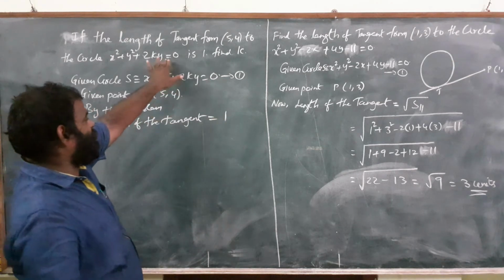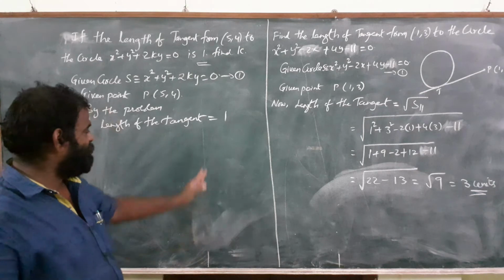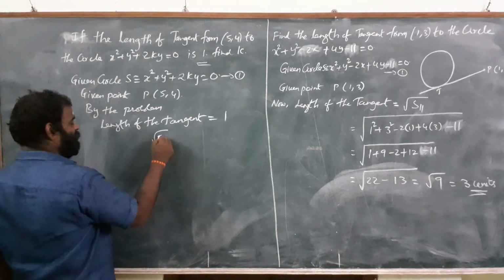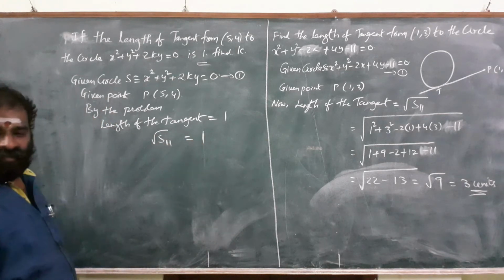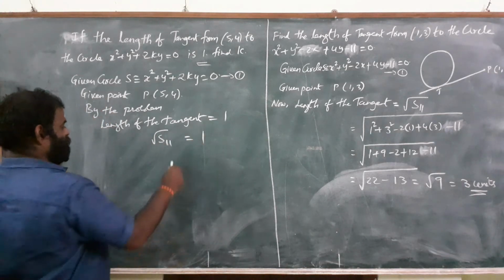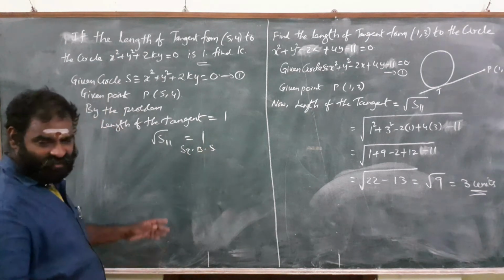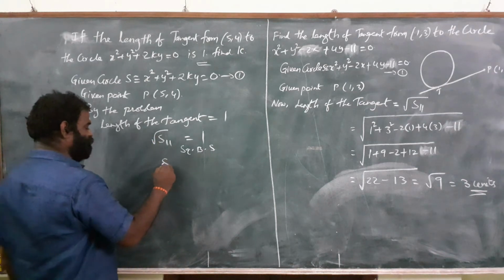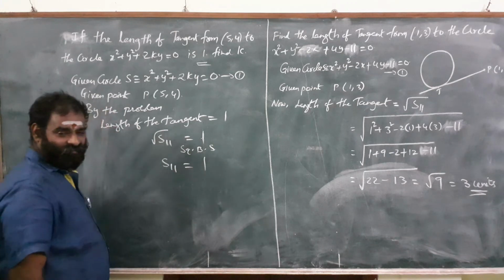But what you know, the length of the tangent formula, root S11 is equal to 1. Squaring both sides, because the root will be cancelled on squaring. So S11 is nothing but 1 square, and 1 square is nothing but 1.